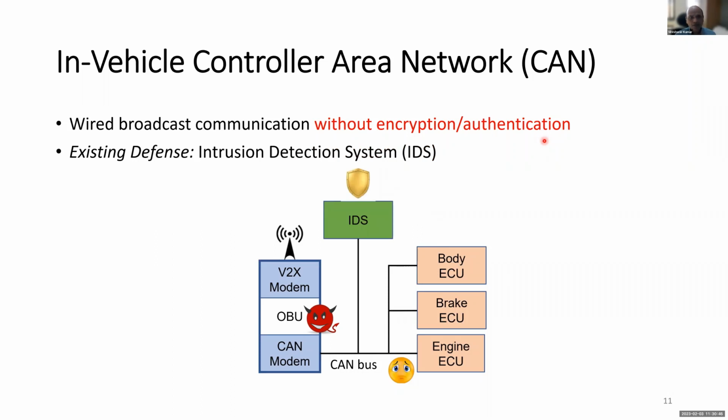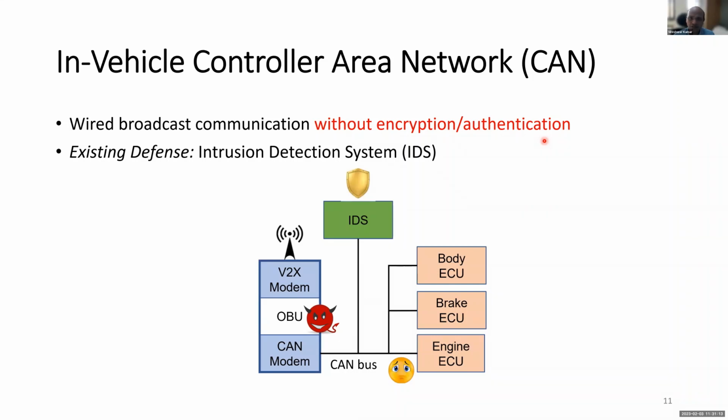Okay, so what is the way to go? What is it that these automotive manufacturers are doing? They are installing what is called an intrusion detection system. Of course, if you cannot prevent attacks, then you have to try to detect attacks. And the reason why you cannot implement defense here is legacy issues.